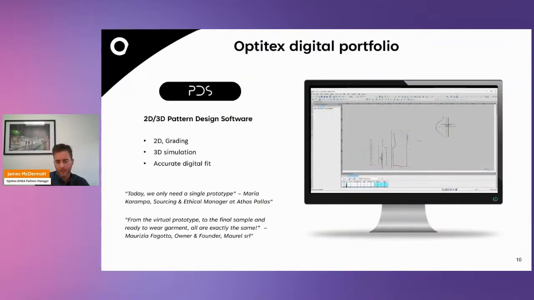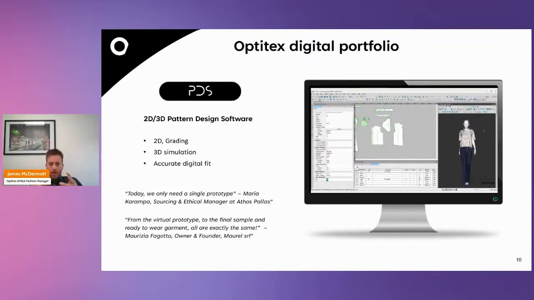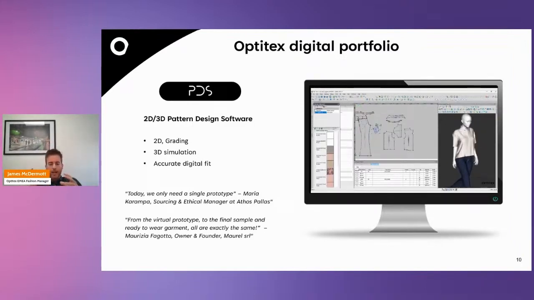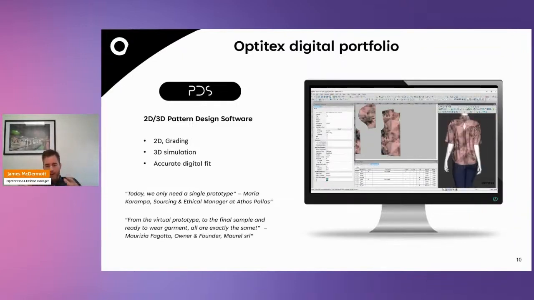Starting with PDS, this consists of our standalone 2D pattern cutting and grading software, which when combined with our 3D, you can develop and manipulate your technically accurate patterns and visualize the true to fit design on the 3D avatar.